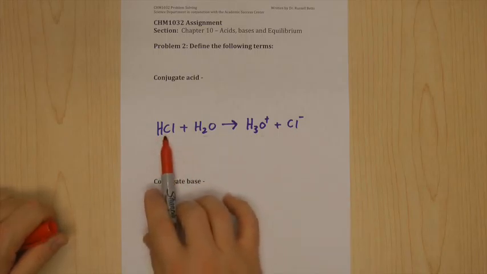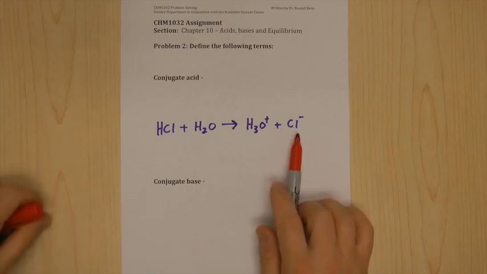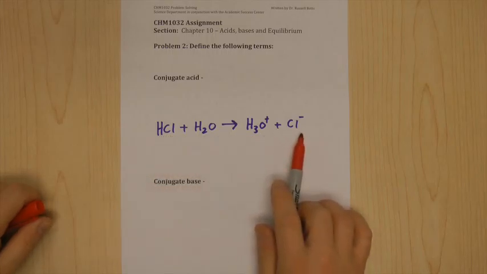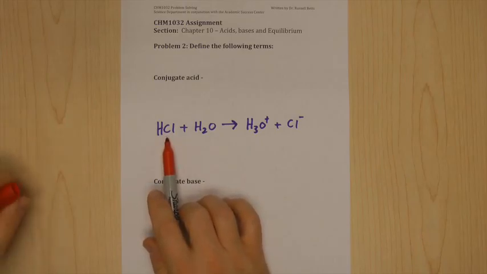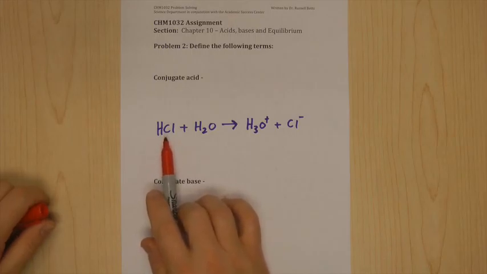From left to right, the Cl has a hydrogen with it on the left, and on the right, the HCl has somehow lost the hydrogen, or a proton, if you will. So this HCl has lost a proton going from left to right. It donated the proton somewhere. We haven't defined where yet, but this molecule has donated a proton.